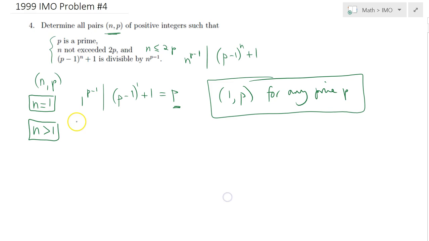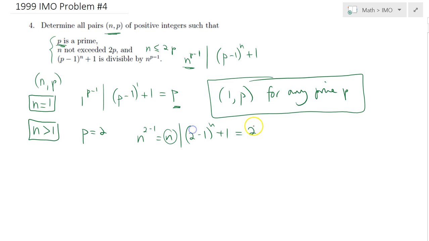Now let's start with the prime p equal to 2. When p is equal to 2, this condition becomes n raised to the power 2 minus 1, which is simply n, must divide 2 minus 1 raised to the n power plus 1, which is simply equal to 2.